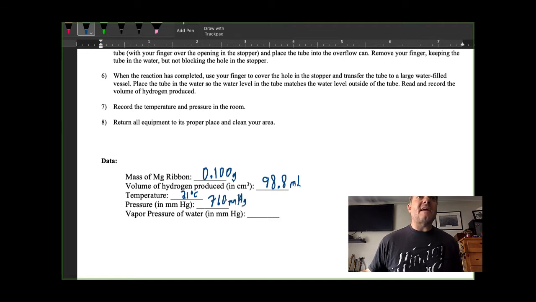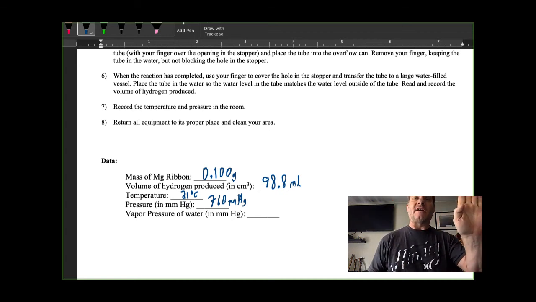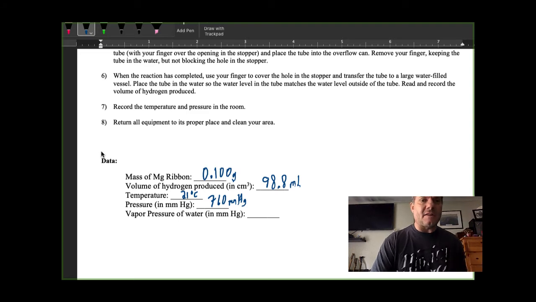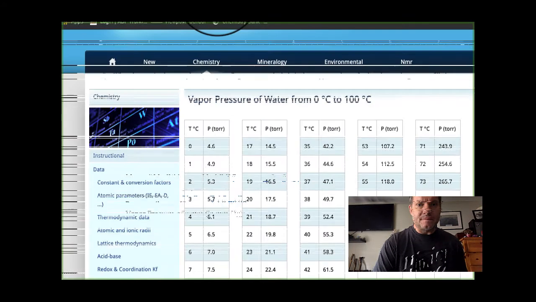All right, the last piece of data we need is the pressure of water inside that tube. Because inside the tube, by the way, this is important, we have the hydrogen and the water vapor together. So we're going to use Dalton's law to look at the total pressure, which happens to be 760, and we're going to look at the vapor pressure of the water, and we'll be able to determine the vapor pressure of the hydrogen.